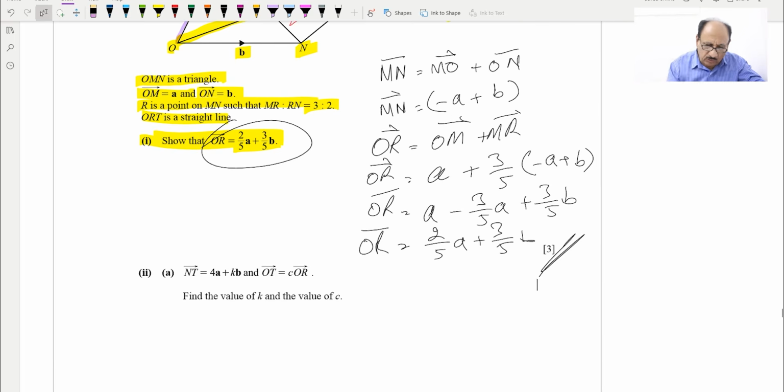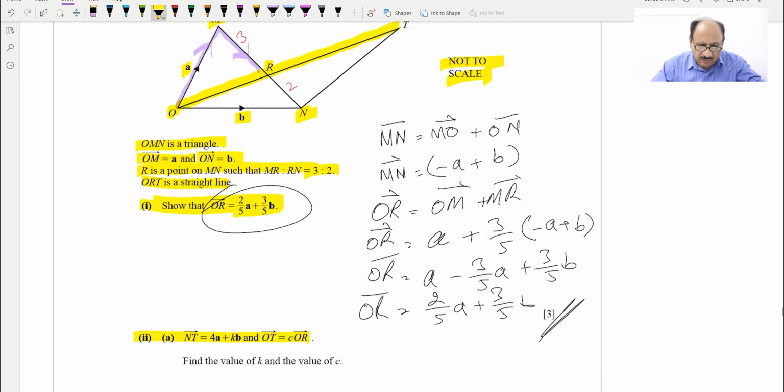Hopefully you understand this. Now the second part. They are saying NT is this one, 4a plus kb, and OT is C times OR.